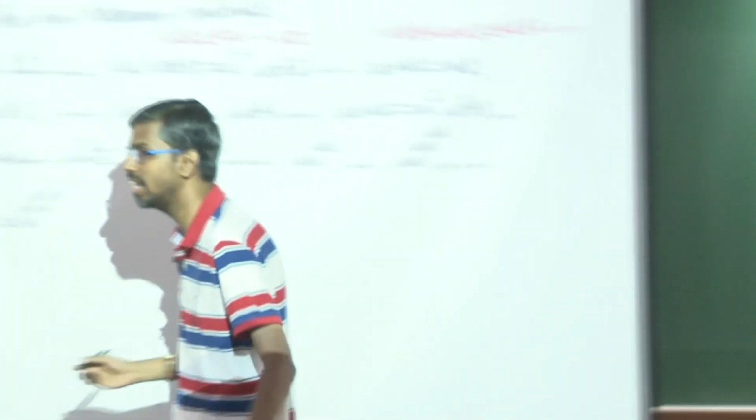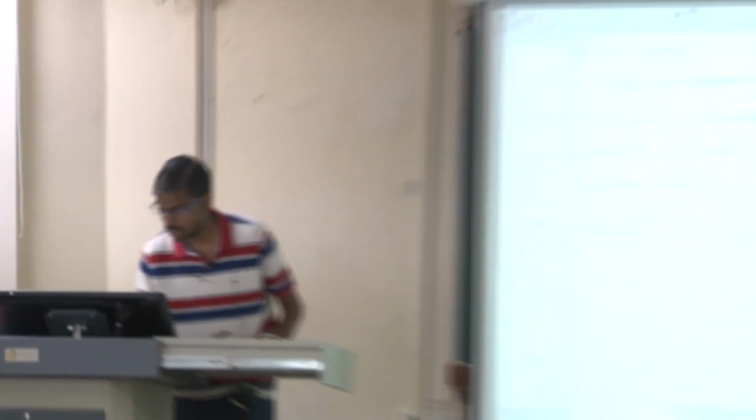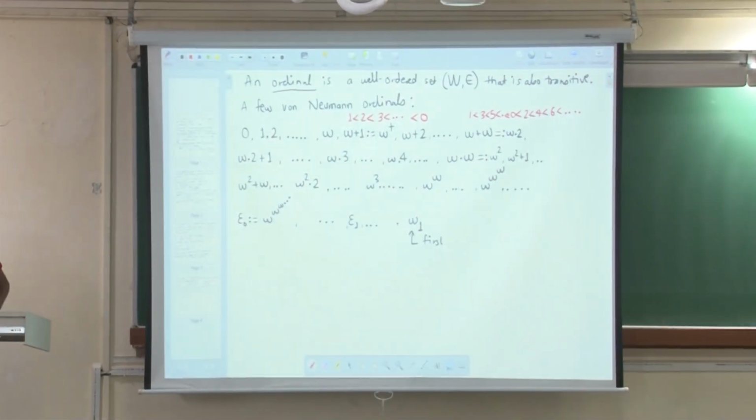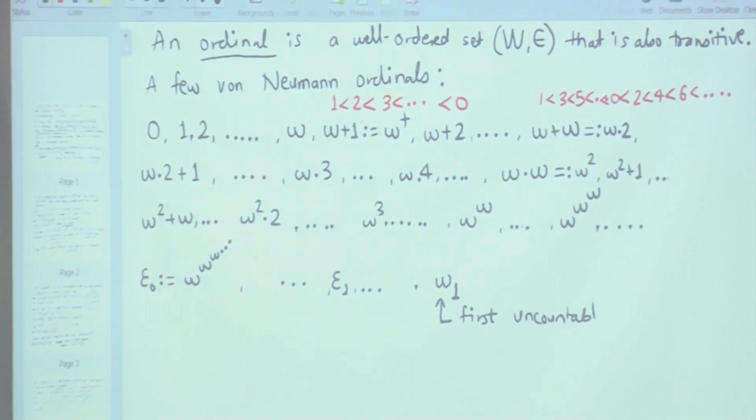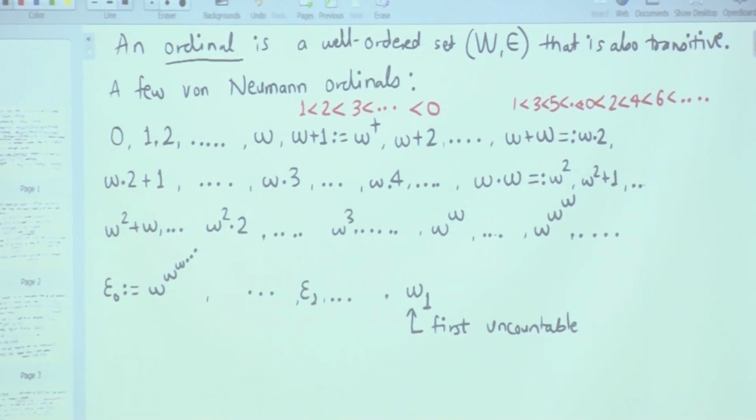And then finally we will hit omega 1. This is the first uncountable ordinal.